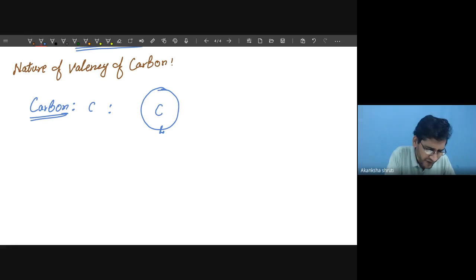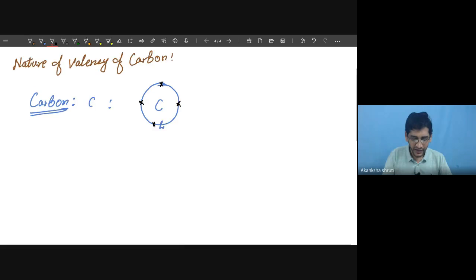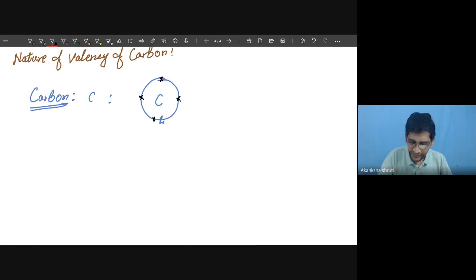Here, now we are going to draw the 4 electrons. So let me draw 1 electron here, another electron here, another electron here, another electron. These are the 4 electrons that we are considering. Now, students, if you are facing difficulty, then you may first draw the complete atomic structure.